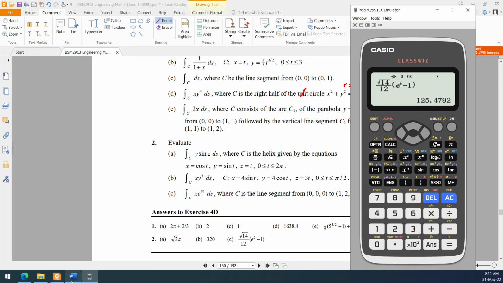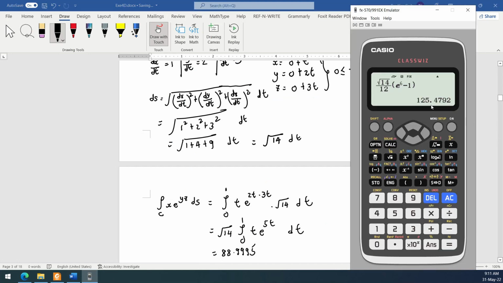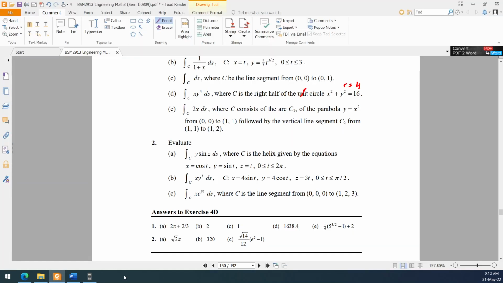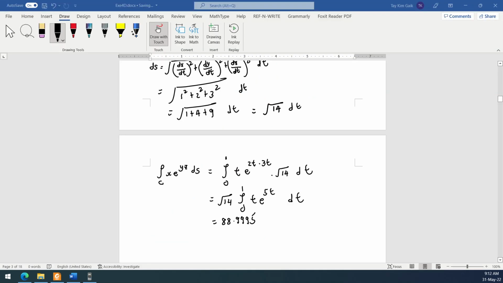What we obtained is 88.9995, versus 125.4792. Is it correct? Let's see. Square root of 14 divided by 12, e^6 minus 1. Okay, hold on, let me check. Okay, the mistake is here. 2t times 3t, when you multiply, is 6t squared. The mistake is here.